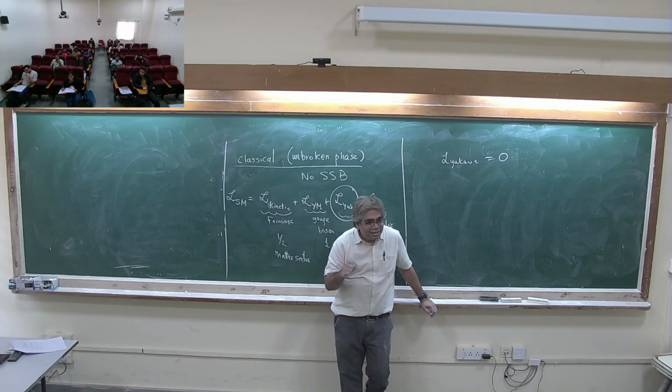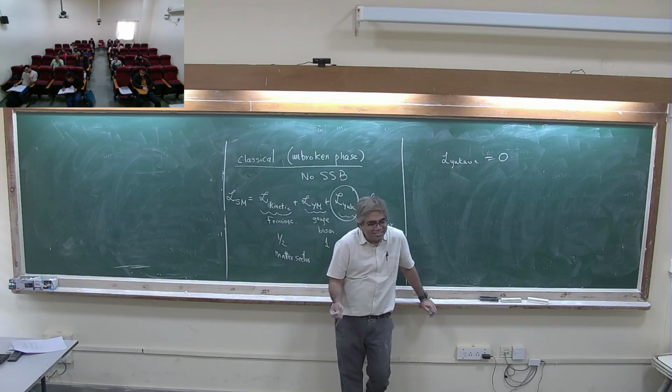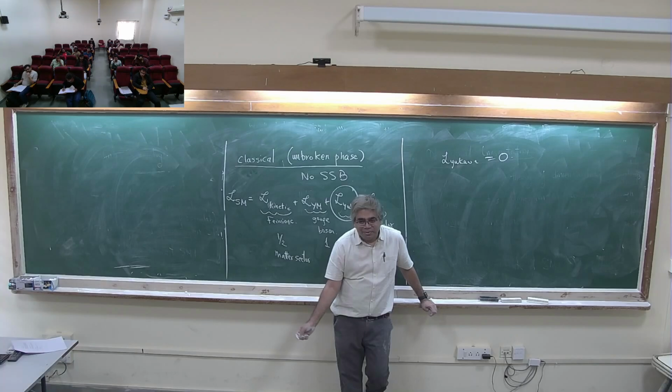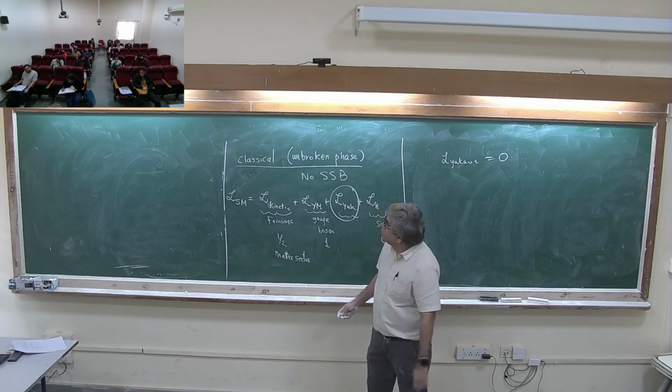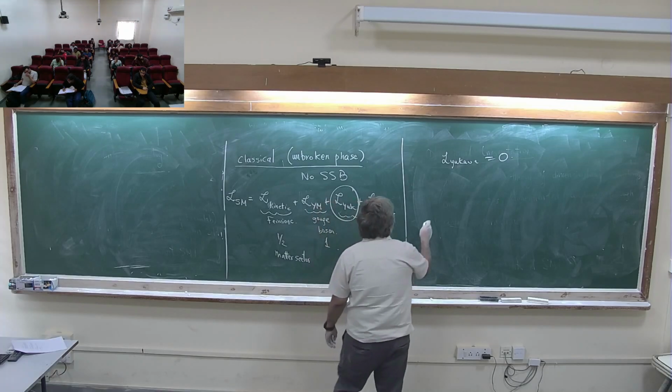A muon is exactly like an electron with 100 times more mass. Now, the mass is 0. How will you distinguish? The neutrinos will be the same, everything will be the same. In the massless limit, when all the fermion masses are 0, you have a new symmetry called flavor symmetry.